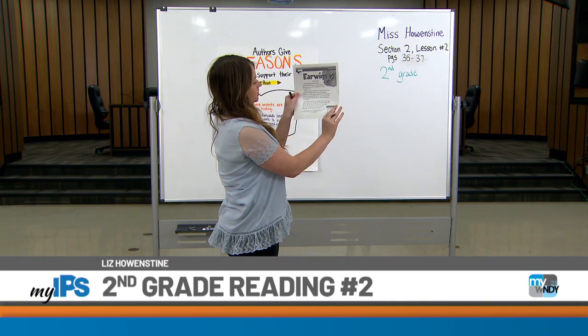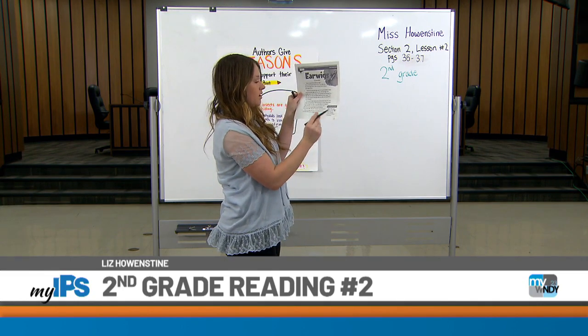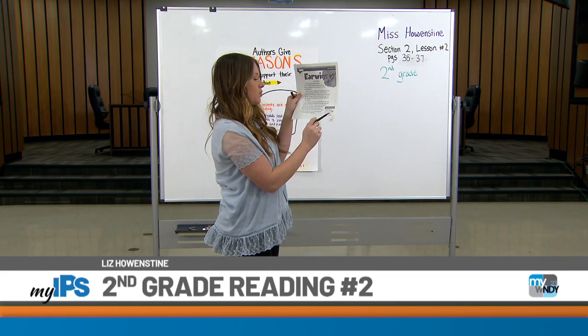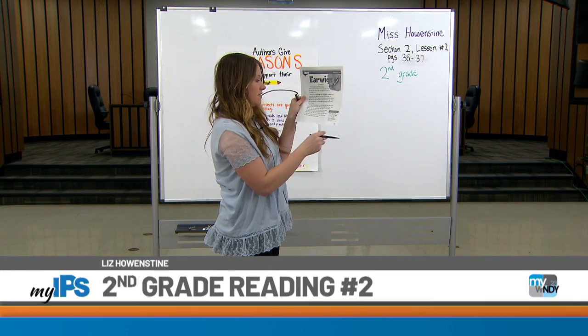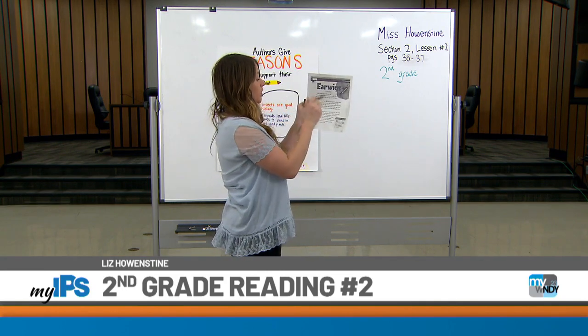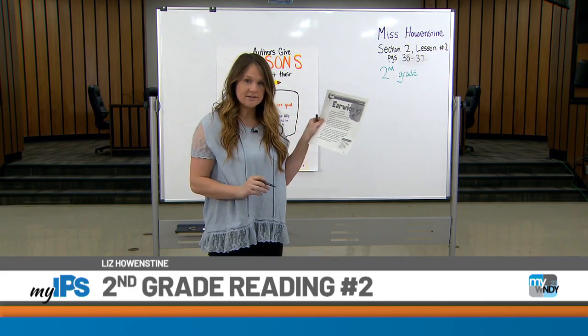Then when we reread, underline reasons that support the key point. This is going to help you when you do this by yourself on the back, but we're going to do the reading together and find the key point and the 2 reasons.